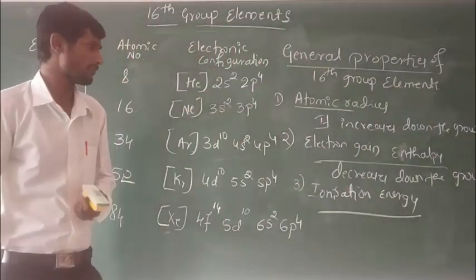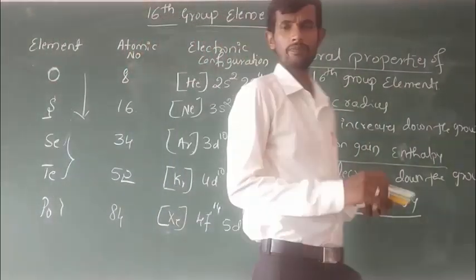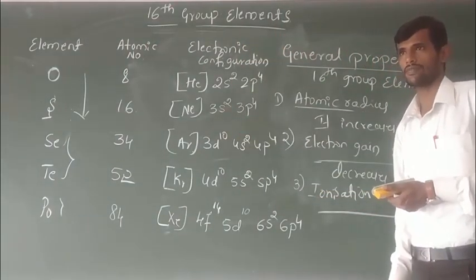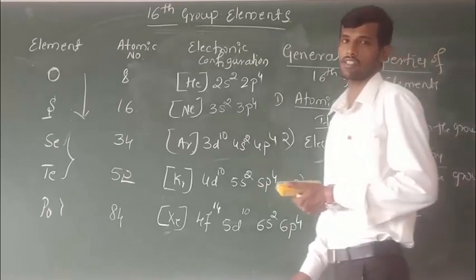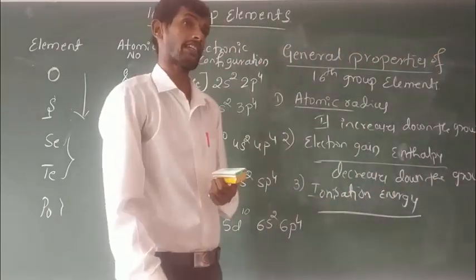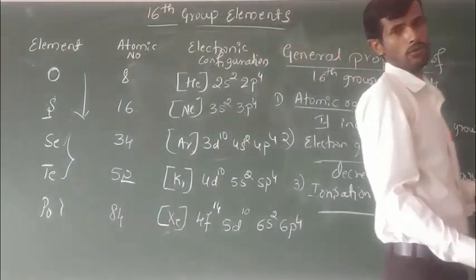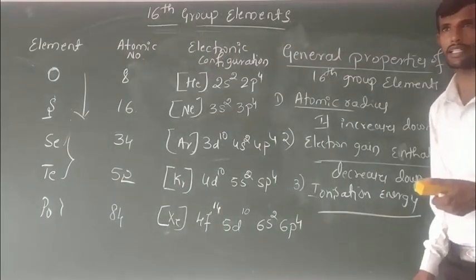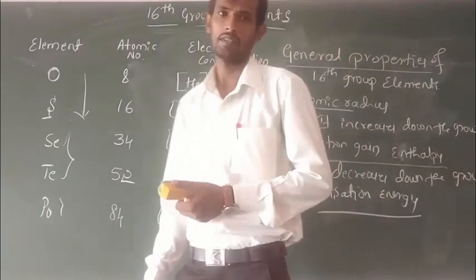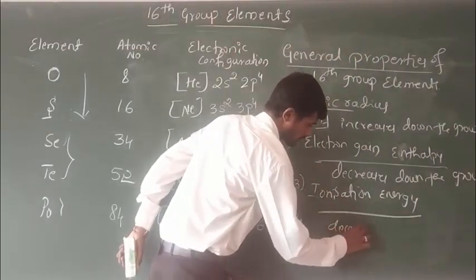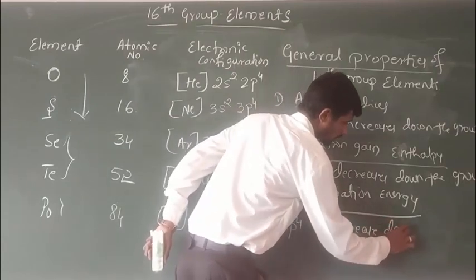Students, if we move down the group, atomic number increases, then ionization energy decreases. What is ionization energy? It is the amount of energy required to remove an electron from an isolated gaseous atom. Yes, it also decreases down the group.